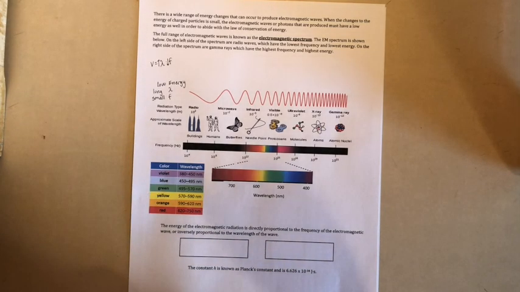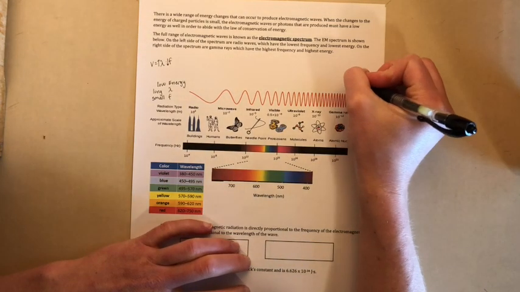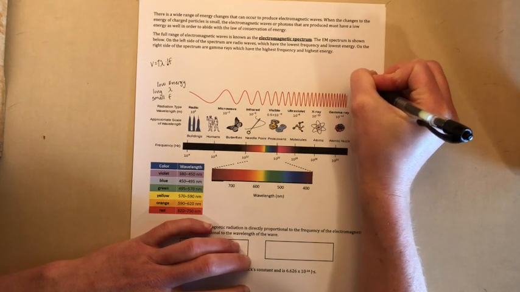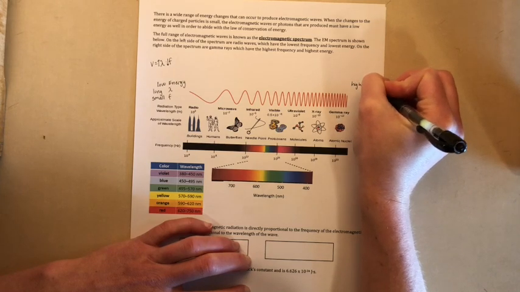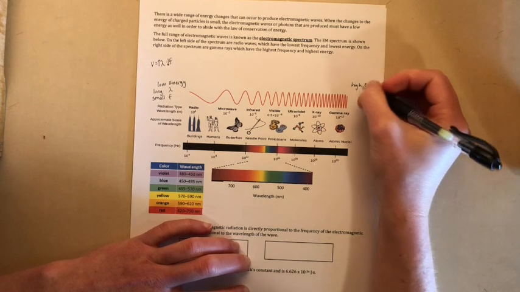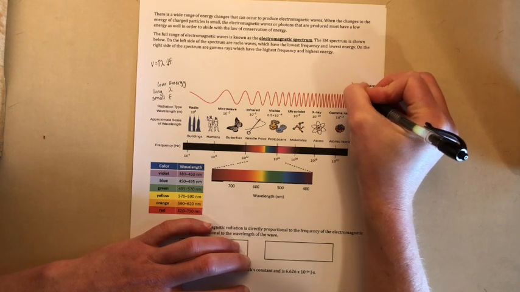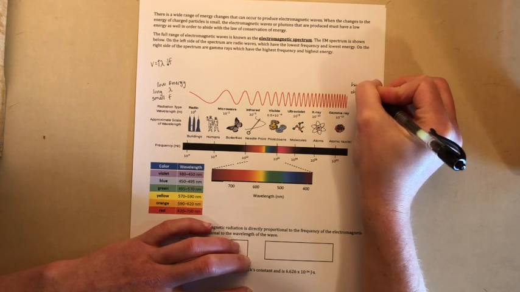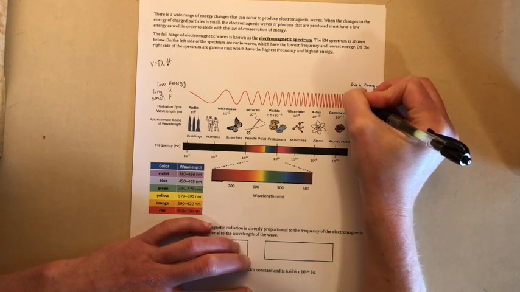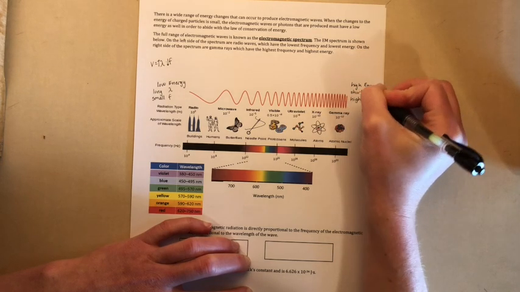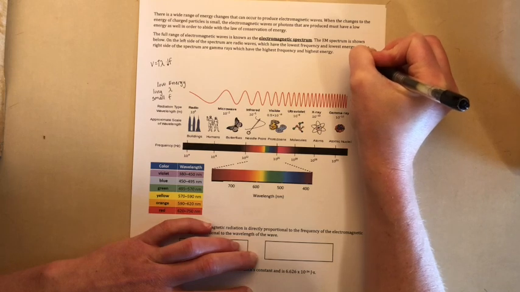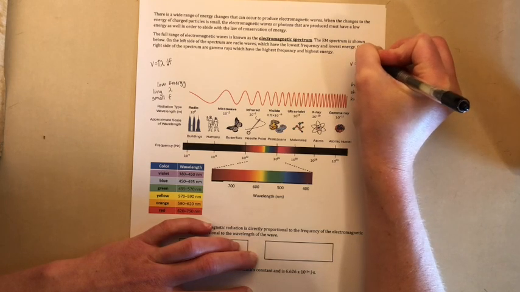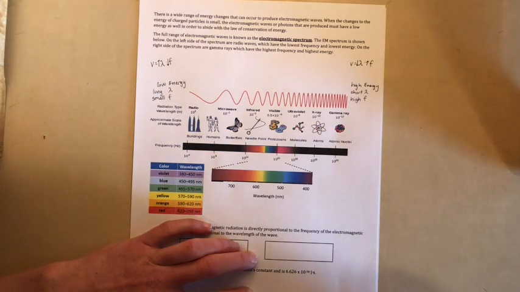And then on the other end over here, this is, of course, the high energy side of the spectrum. And so these have a short wavelength. You can see that here, and they must have then a very high frequency. So same speed, but the wavelength is very short, which means they have to have a high frequency.